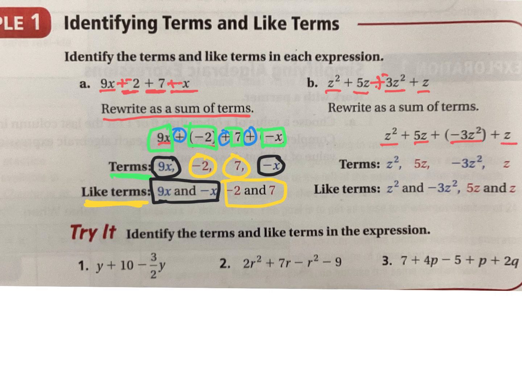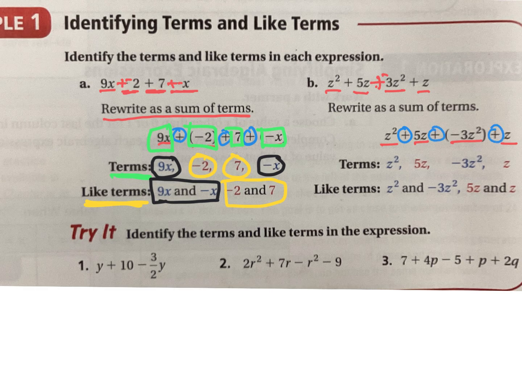Now there's a lot of z's. But remember that like terms have to have the same variable and have the same exponent. So if they're the same variable without the same exponent, they're not like terms. So we do have the adding.